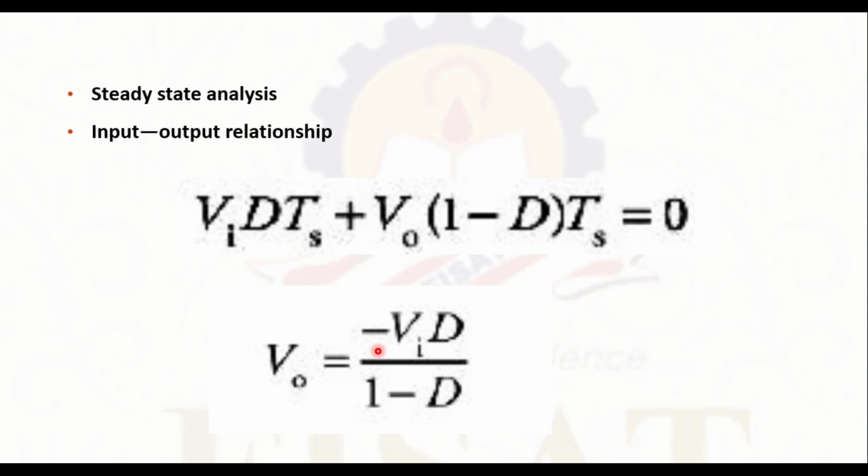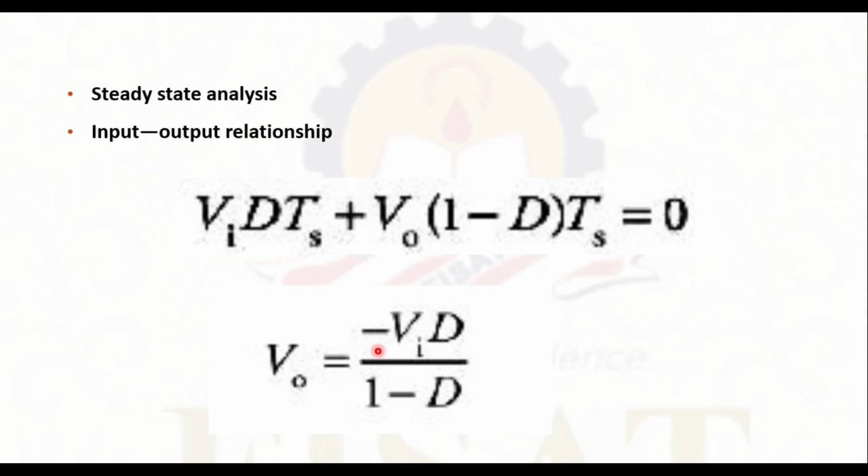So we have 3. Vo is equal to 3. That is, when D is ranging between 0.5 and 1, we will have an output voltage which is greater than the input voltage. So that is how the step up or step down converter works.